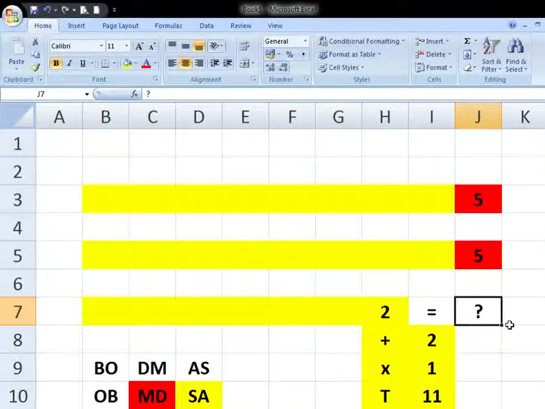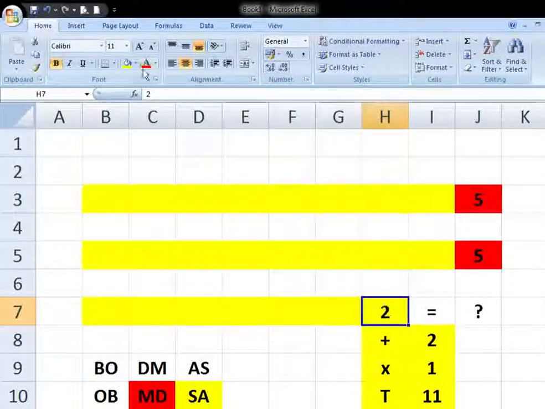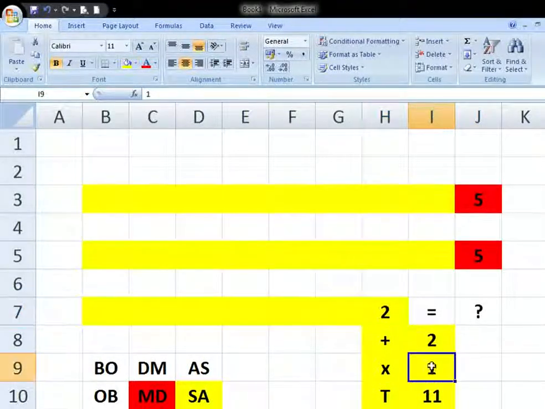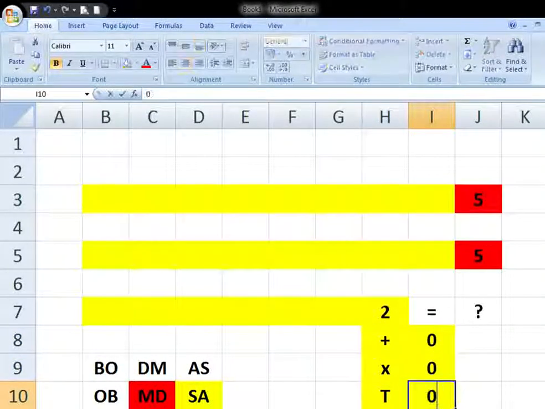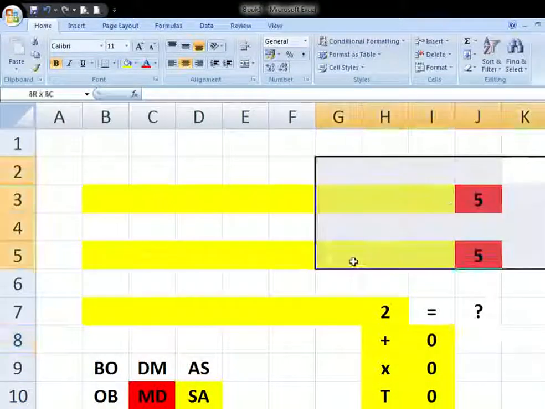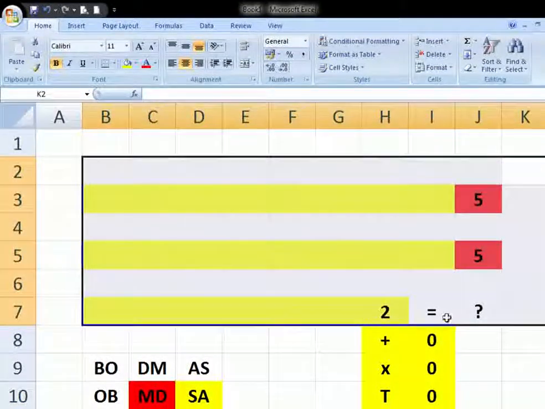Before we go to the answer, let me tell you one thing. We have 5, 5 and a 2, and we've used the multiplication sign and all the addition signs. There are no more functions remaining. So in this whole thing you can't do anything anymore.